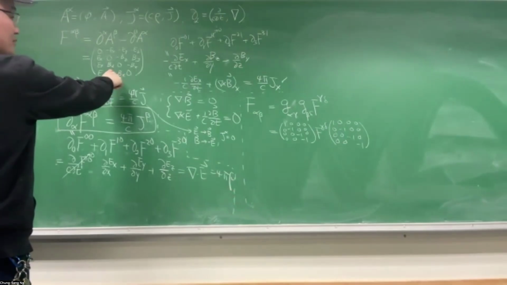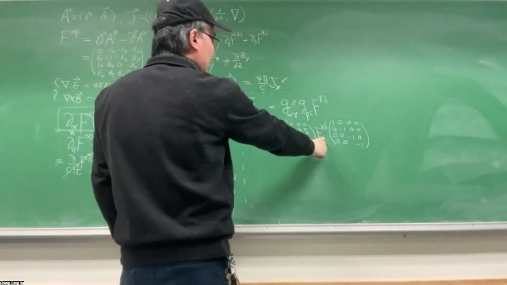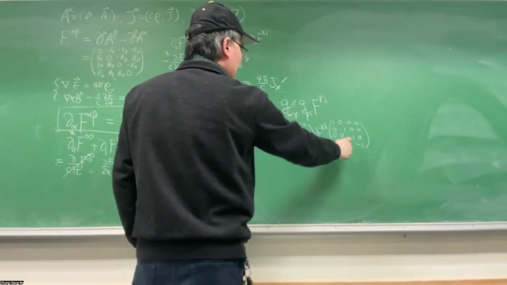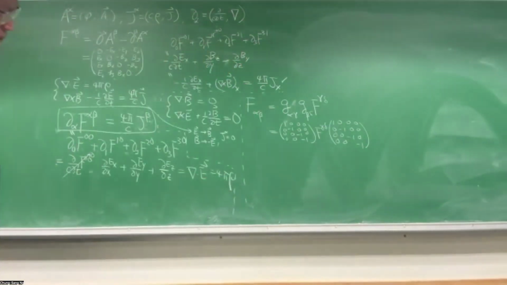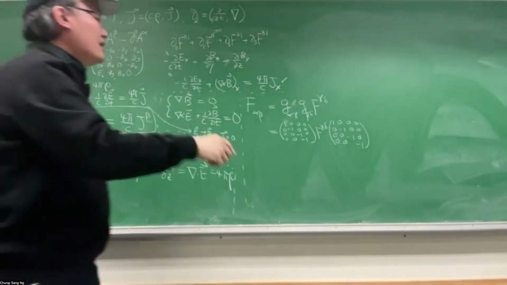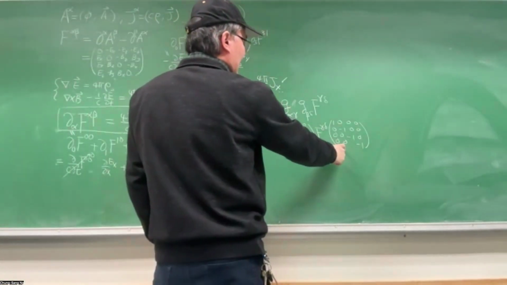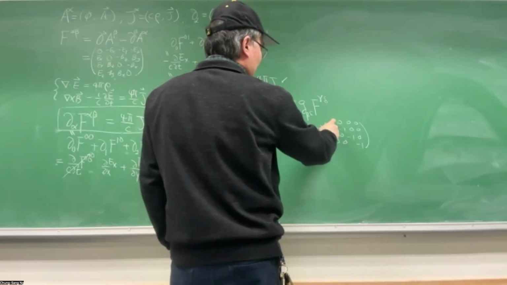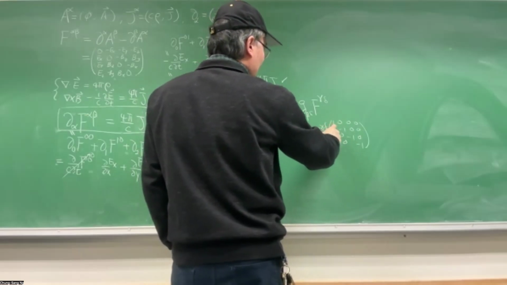Suppose you can substitute this into this, and then do the matrix multiplication. But for this tensor it is quite straightforward, because there's 1 in here.